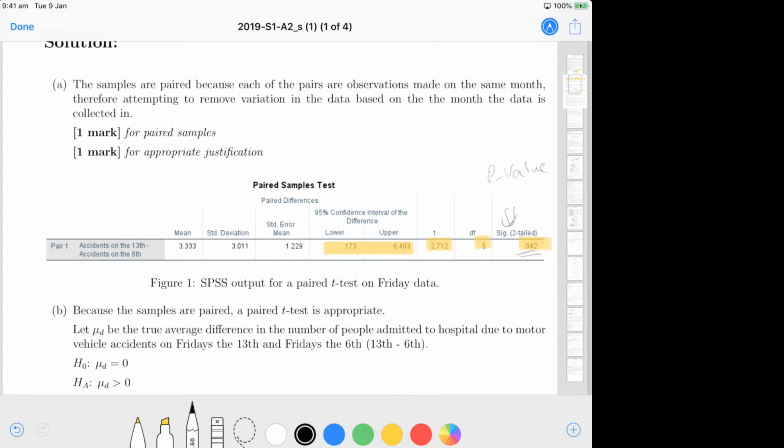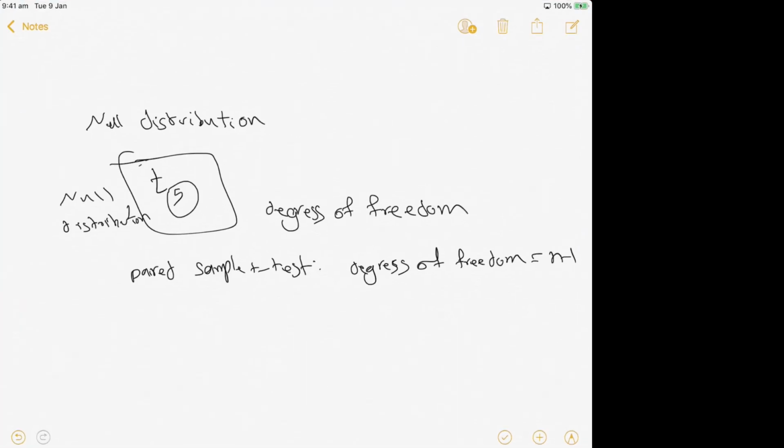You need to know that when it is one-sided, you need to divide this p-value by 2 to get the p-value for a one-sided paired sample t-test. So 0.042 divided by 2, that's our p-value. That would be 0.021.